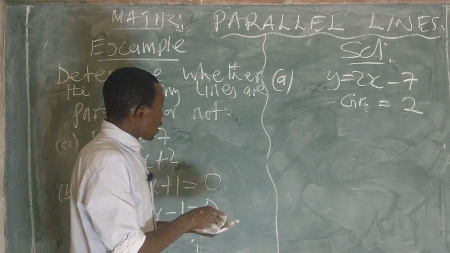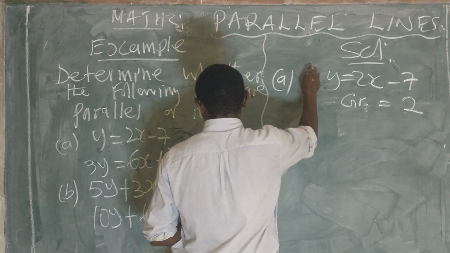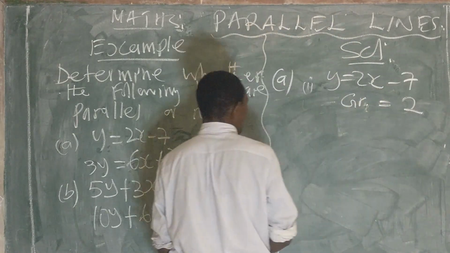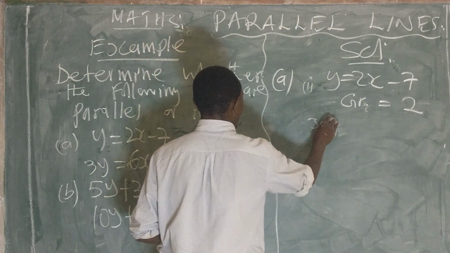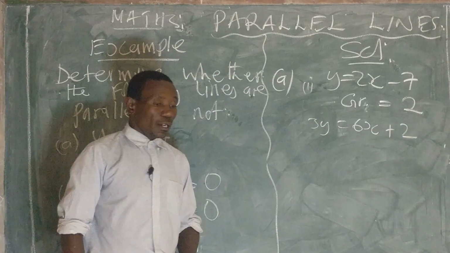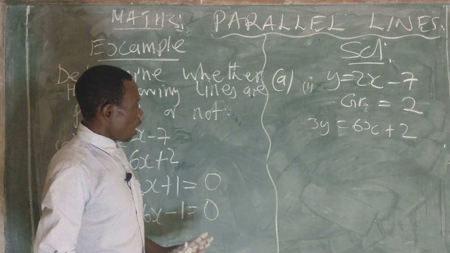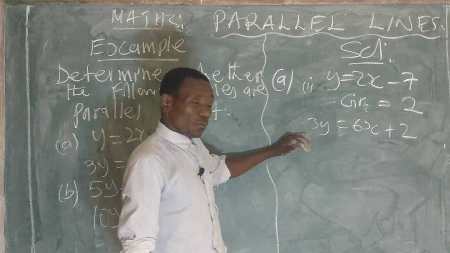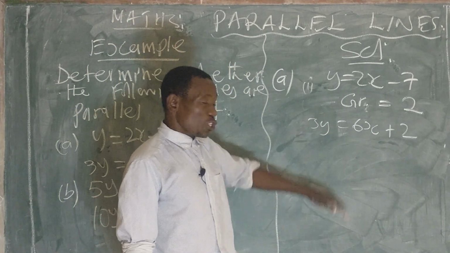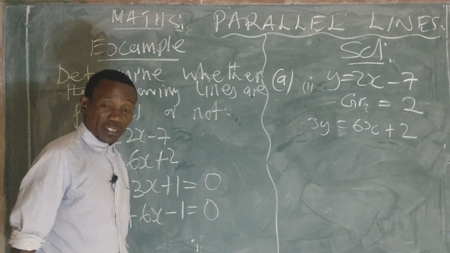Secondly, let us find the gradient of the other line for this pair. For this other line, we are given 3y = 6x + 2. If we were to match this equation with the general form, you'd find that it doesn't have y as the subject.